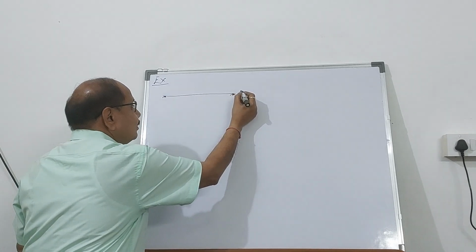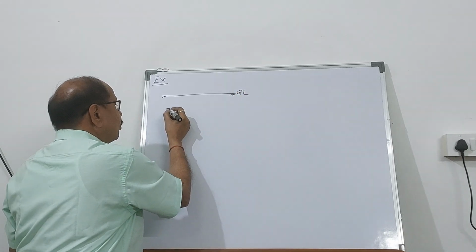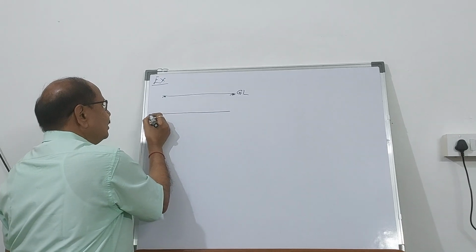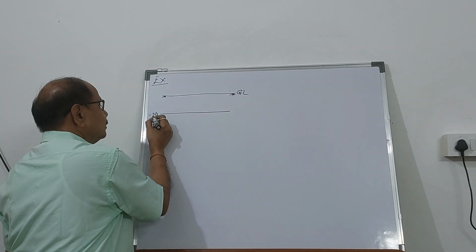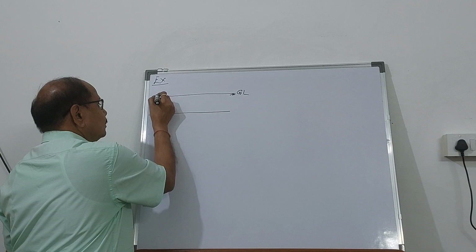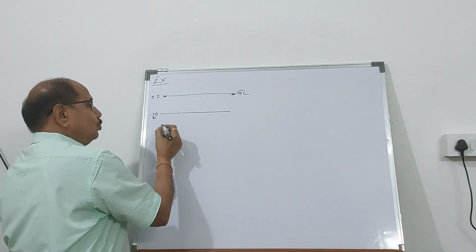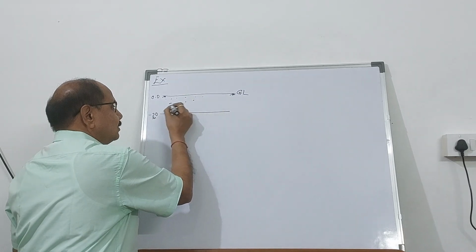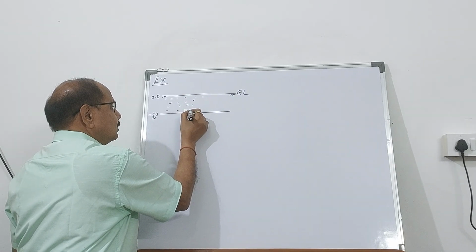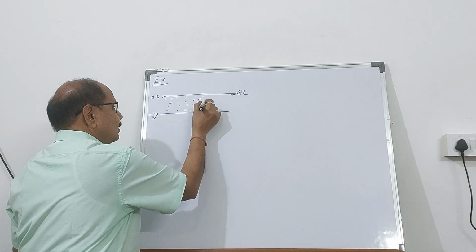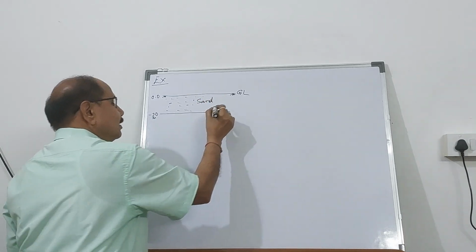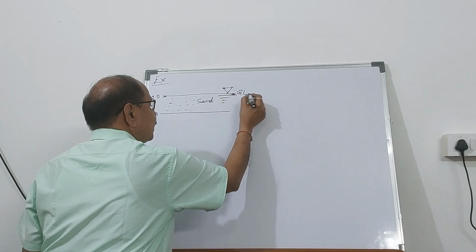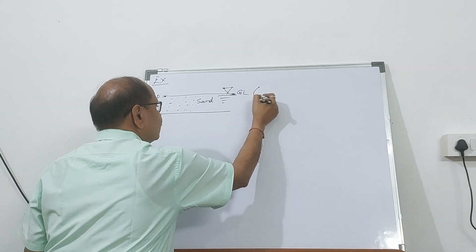At the ground level, up to 2 meters from ground level, you have got sandy deposits. So this is the sandy deposits, and the groundwater table is going to touch the ground level.